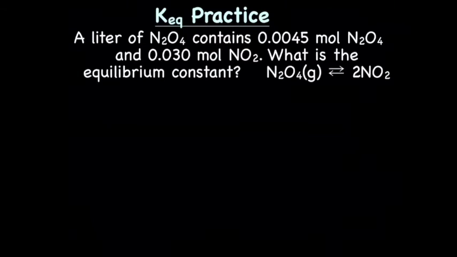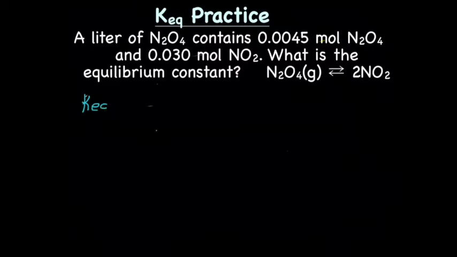And now what we need to do is try this out. Let's go ahead and try practicing solving a problem. First thing we'll do is remind ourselves of the equilibrium equation.